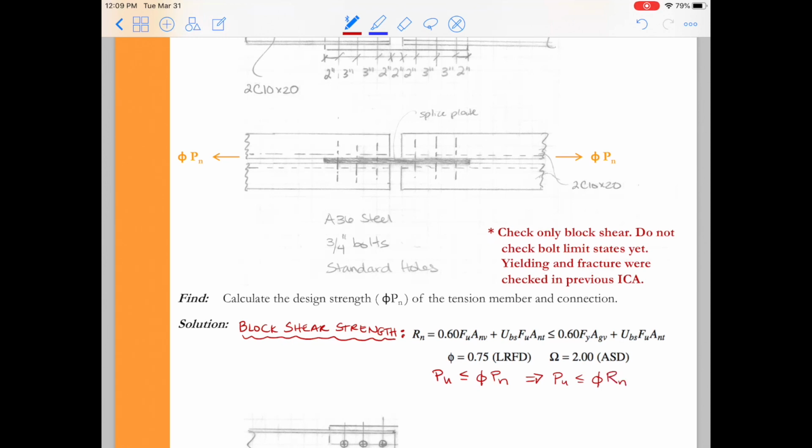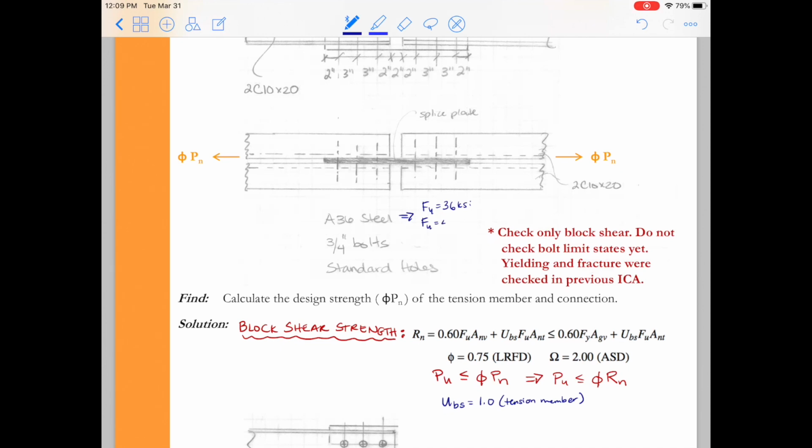Just a note, phi Pn and phi Rn are going to be kind of the same thing. Rn is just nomenclature from AISC, in which it's the nominal resistance of each little segment, and then we're going to add up all those segments for a particular piece. In this case, the capacity that we come up with for the strength in shear and the strength in tension will be our block shear capacity.